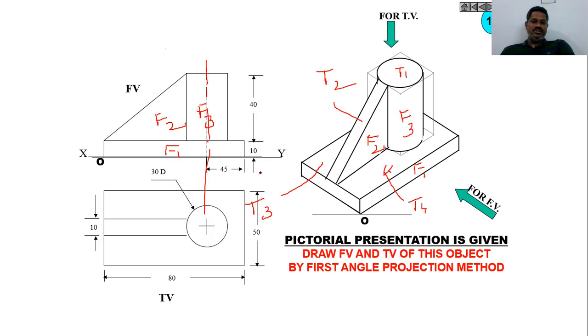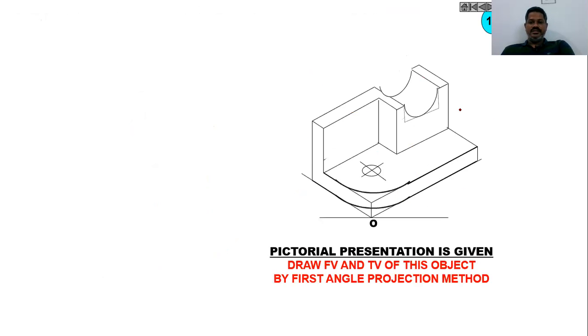As I said, this is your T1, and this is your T2, and this is your T3. Of course, this is combined together as a single face T4, or you can take both as the same face, T3 and T4. This is how the front view and top view of this component look in first angle projection.